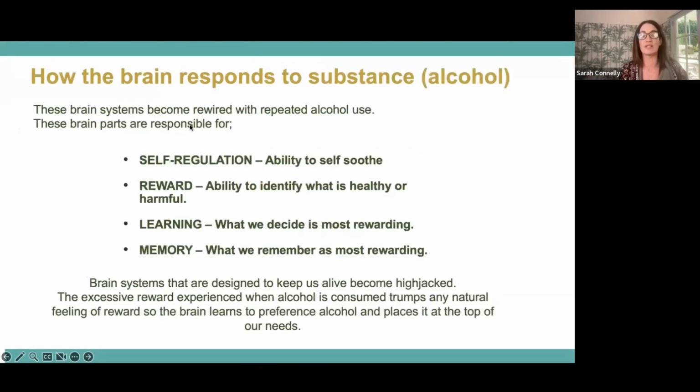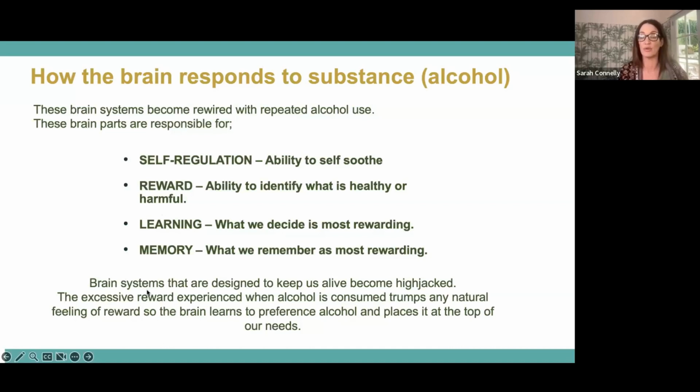The brain responds by rewiring with repeated alcohol use. The parts of the brain that are rewired are the ones for self-regulation, reward, learning, and memory. The brain systems that are fundamentally designed to keep us alive actually become hijacked.